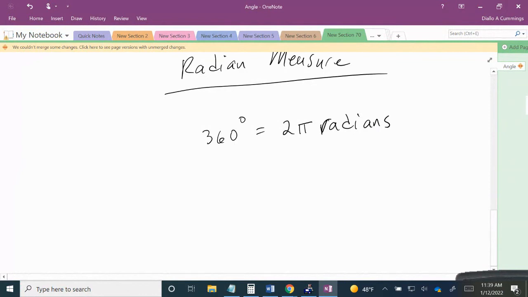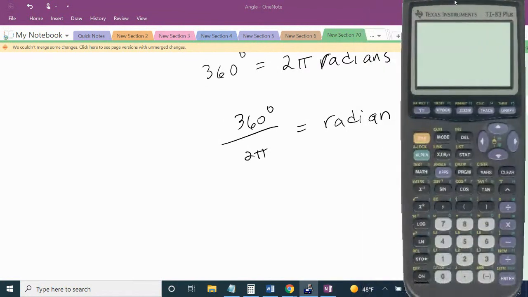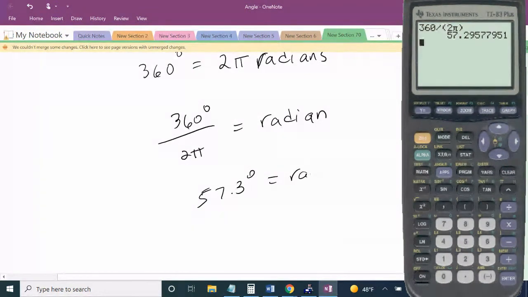I'm actually going to treat it as an algebraic expression, so I'm going to divide both sides by 2 pi. 360 degrees divided by 2 pi, notice I get about 57.3 degrees. That's equal to 1 radian.